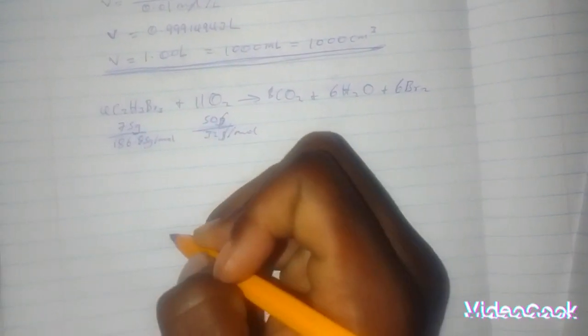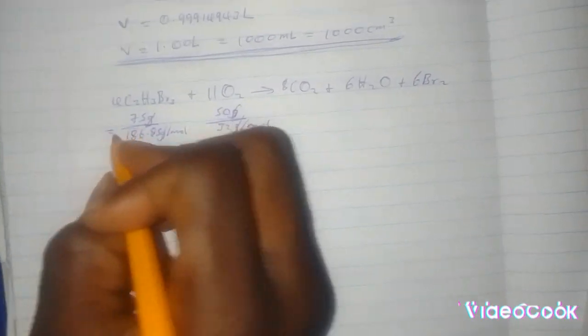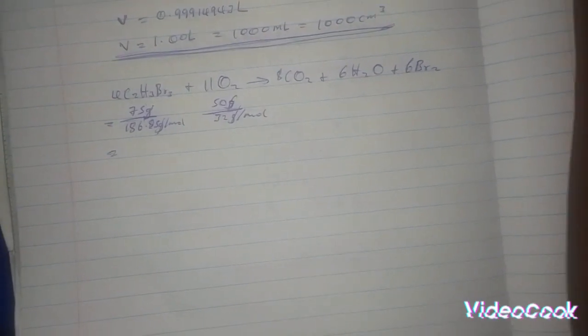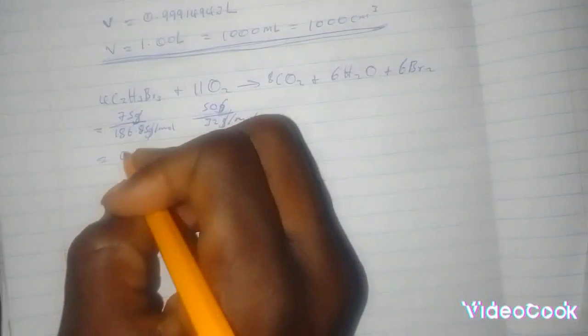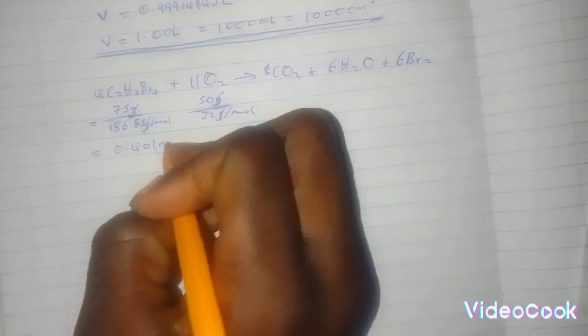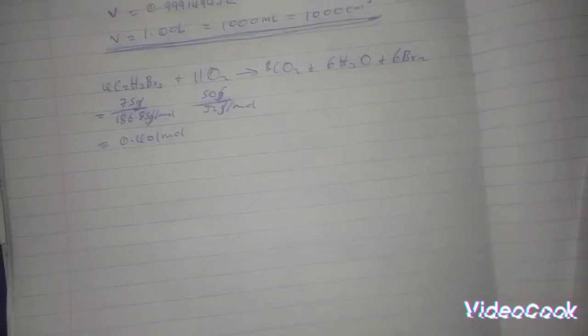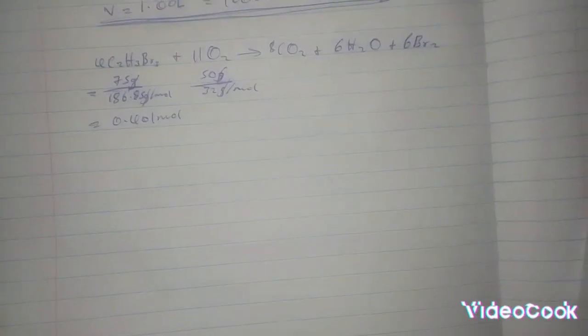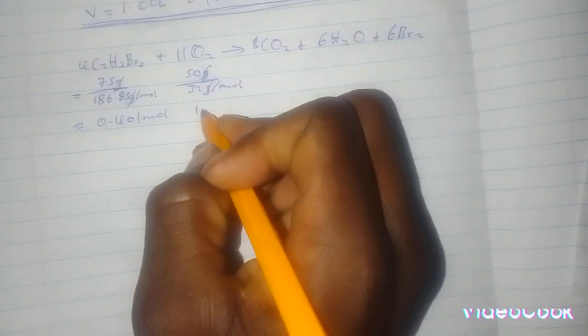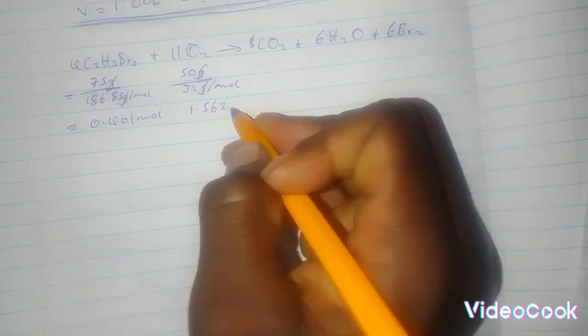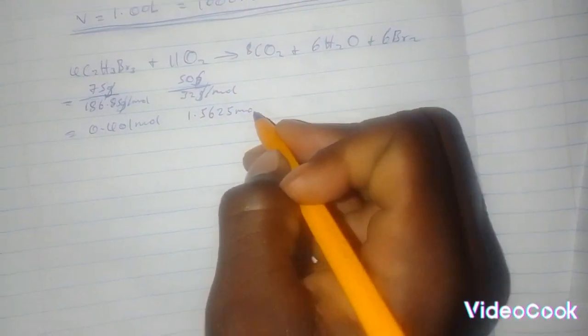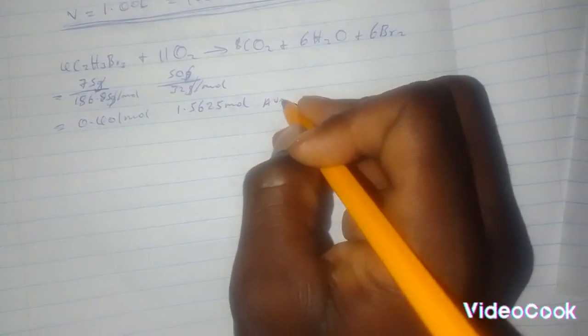What are we getting when we do the divisions? 0.401 mole here, and 1.5625 moles here. So these are the numbers of moles which are available.